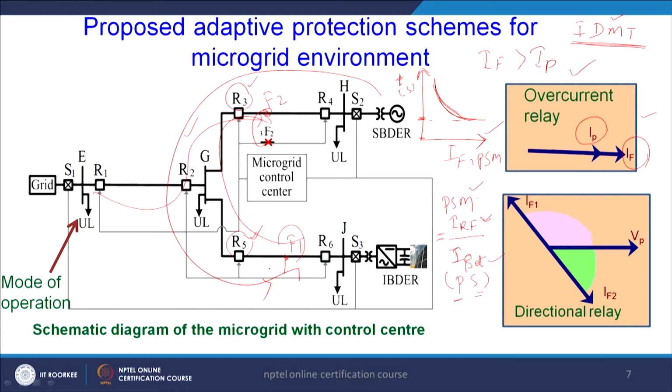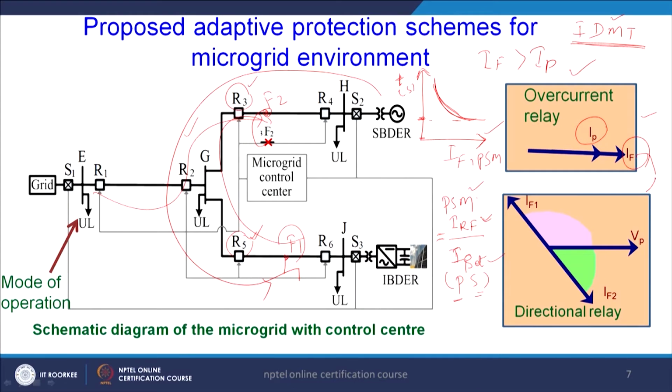These are the different issues, and we have to solve them using different principles, but here we have proposed that a directional element may be added along with the overcurrent relaying principle. This directional relay will say what the direction of the fault is, so that the direction is decided very clearly, and we do not disconnect any healthy sections of the microgrid environment.